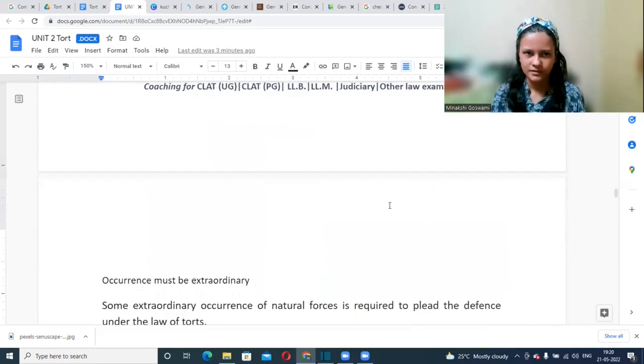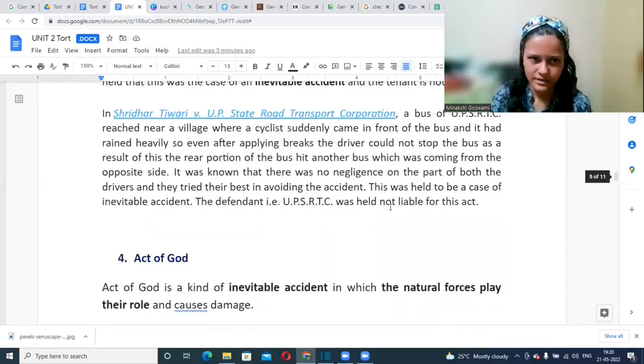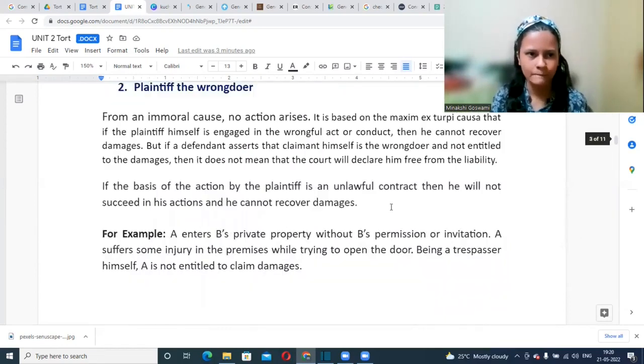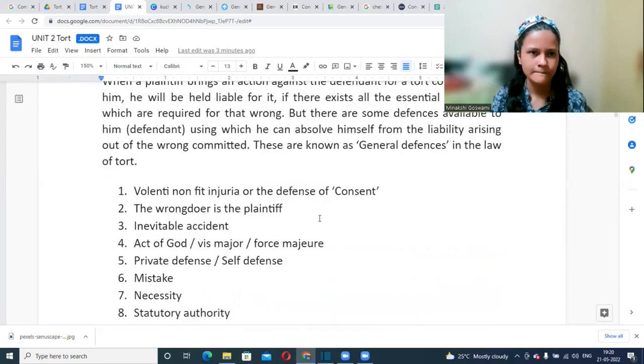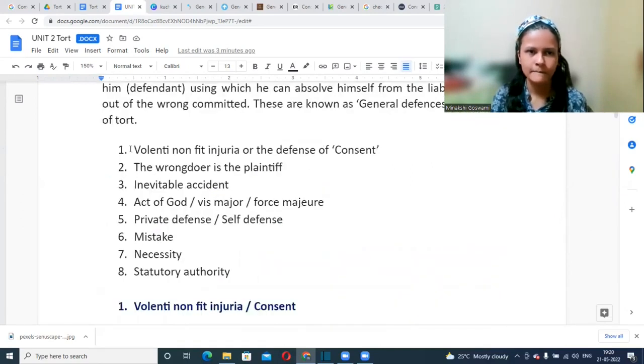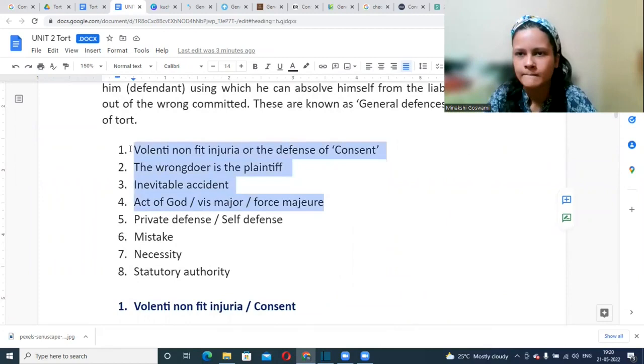Any doubts still here? No, ma'am. So, if the neighbor's wall fell on my vehicle or on my home and damaged my things, and it is not an act of God, it fell only because of normal rain, so I can go to court, right?